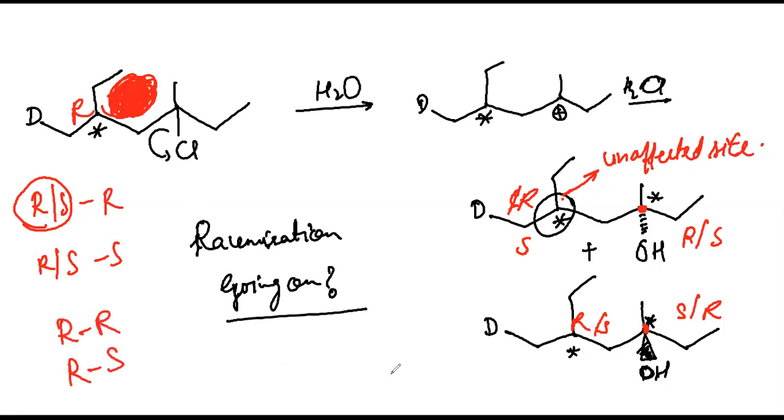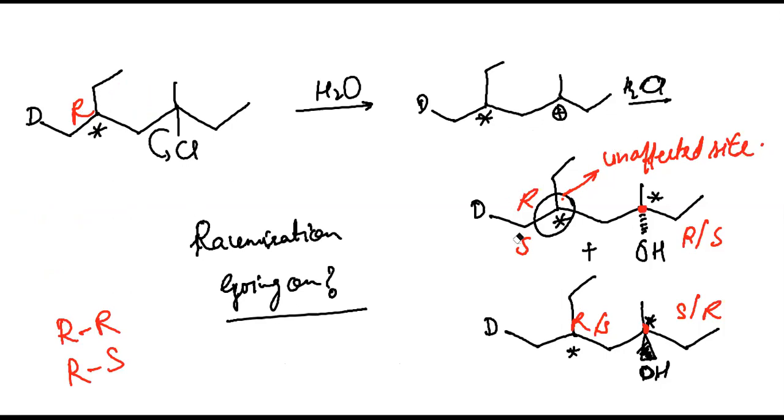Tell me, are they enantiomers? No, sir. Since they are not enantiomers, what is going on? Racemization? No. We have only diastereomerization. We have got no term for that. You can say racemization is not going on.